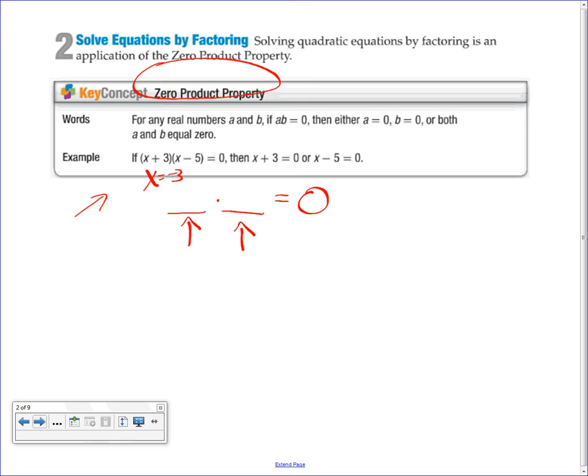Because if x is negative 3, that would make this 0 times negative 8 equals 0. Now, on the other hand, if x were equal to 5, then what we would have is 8 times 0 equals 0. So that's called the zero product property, and we're going to be using that to solve polynomials by factoring.